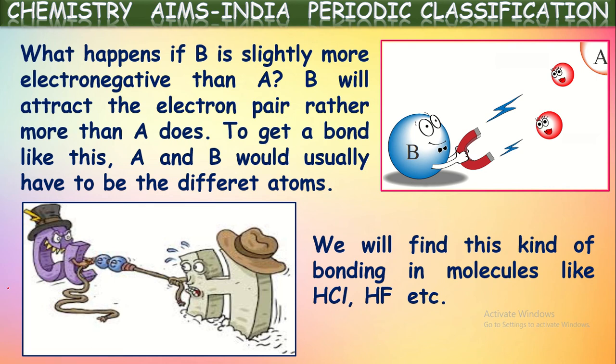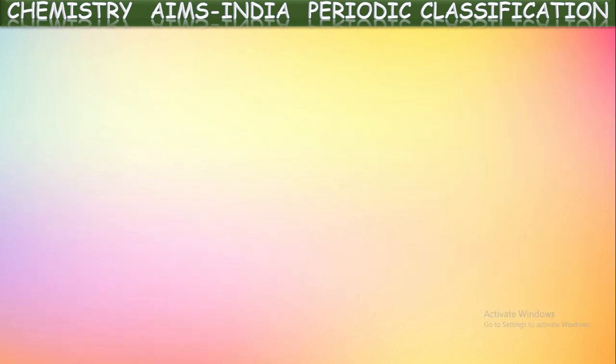If you see here, hydrogen and chlorine share one pair of electrons and hence form a bond. But here chlorine is more electronegative than hydrogen. It is pulling the electron pair towards it, isn't it? This is because of the electronegativity difference between those two participating atoms. That's about electronegativity.